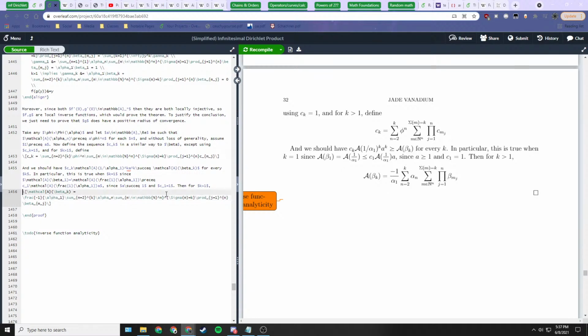Okay, so this is bounded by a, get rid of this minus, and then we have a of alpha sub n, which is bounded by a phi power n.